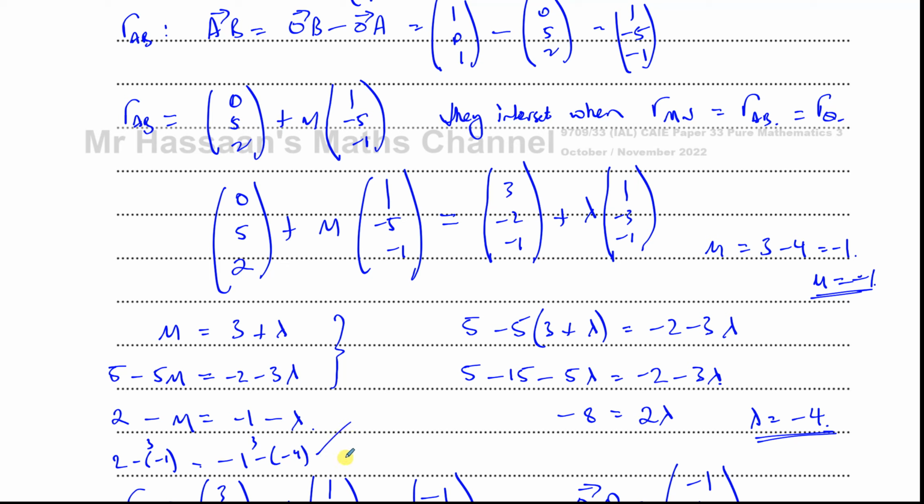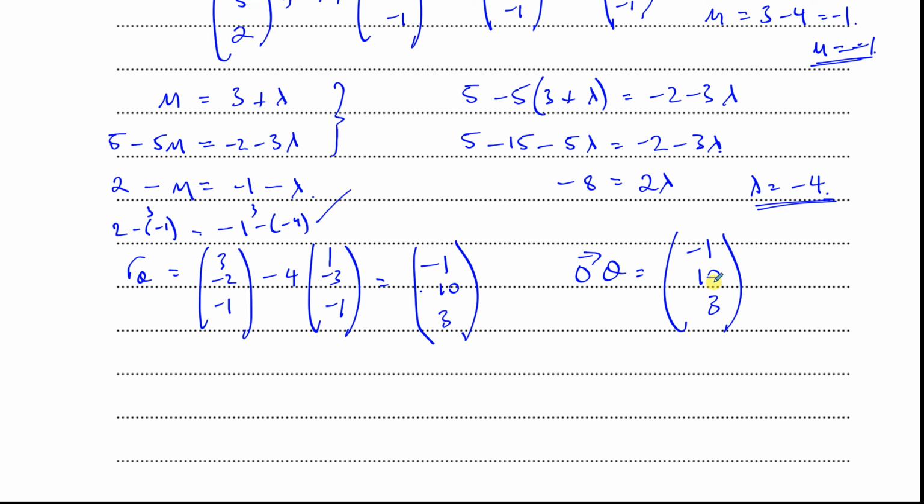So because the values of lambda and mu that we found satisfy all three of the equations, we know that they definitely intersect. Okay, so you can prove that they intersect that way. And then you can check your answer as well to see that you got the right position vector. When I put mu as minus 1 in this other equation, it should give me the same coordinates as I found here.